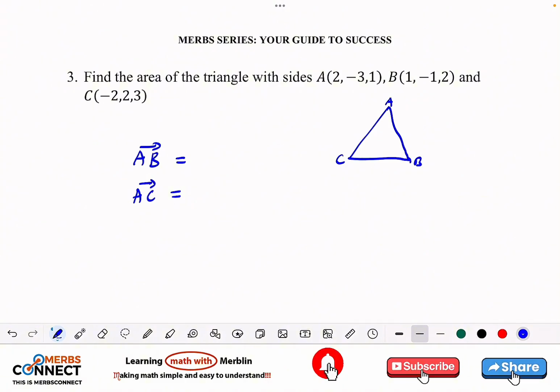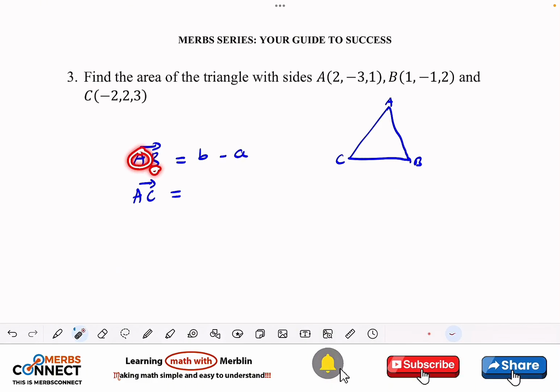We learned that vector AB is the position vector B minus the position vector A. And this is going to be the position vector C minus the position vector A, right? So always the C comes before the A.